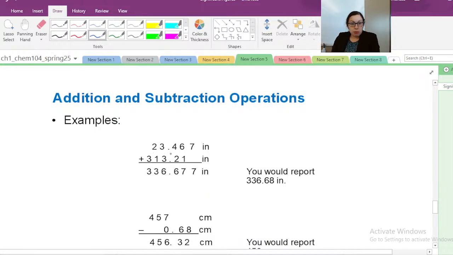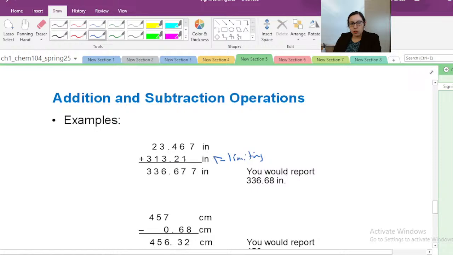And so we have 23.467 plus 313.21. Of course, this one is our limiting, because it only goes 2 after the decimal point for addition and subtraction. Then we would plug it into our calculator and formally get 336.677.